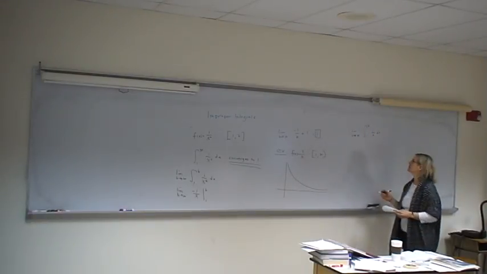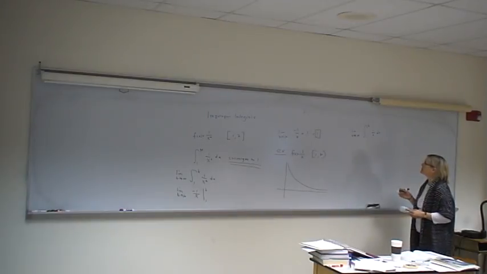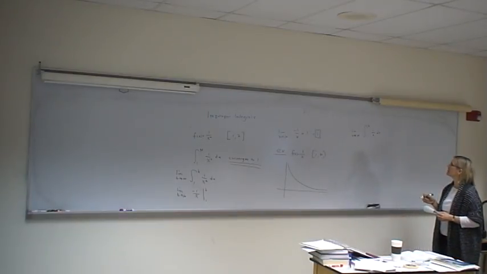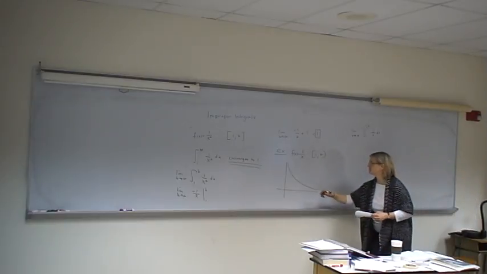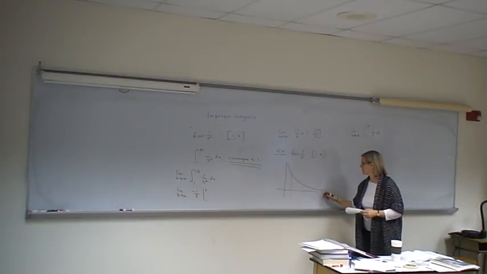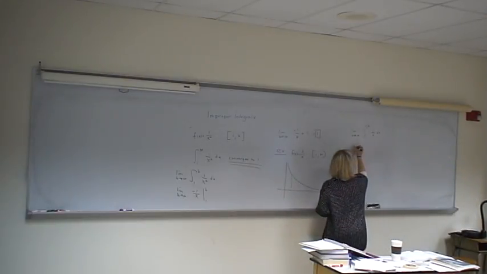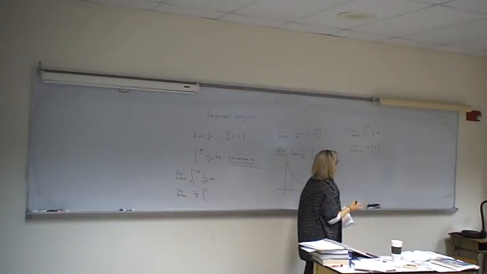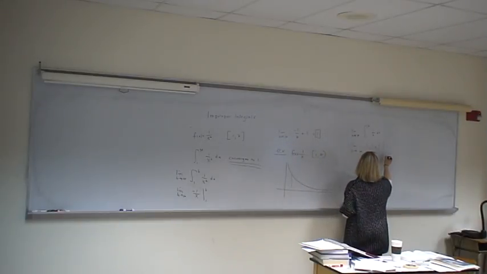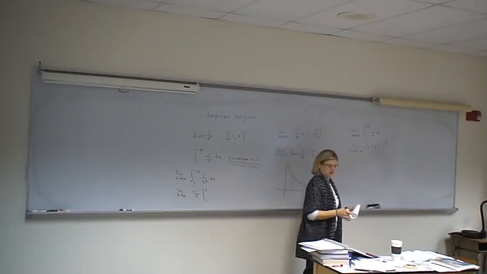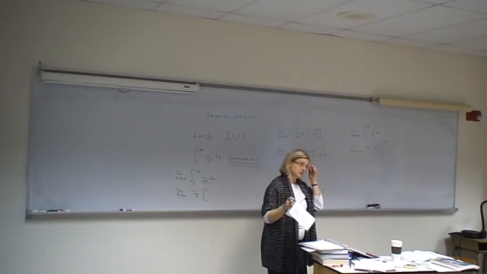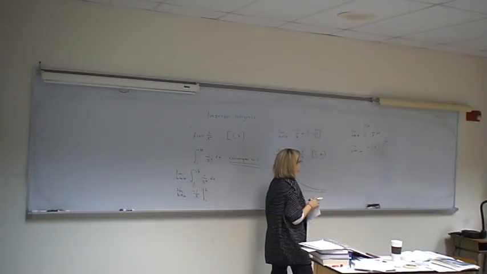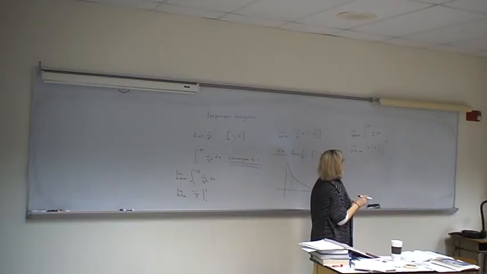Okay. So now, what happens when we integrate 1 over x? ln of absolute value of x. Okay, good. So we get the limit as b goes to infinity of ln absolute value x, evaluated from 1 to b. Can we drop the absolute value here? Yeah, because we know b is positive because we're going to infinity.